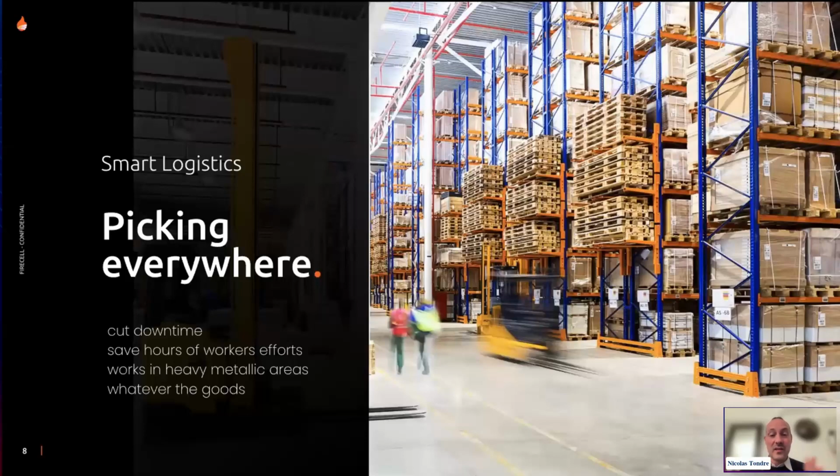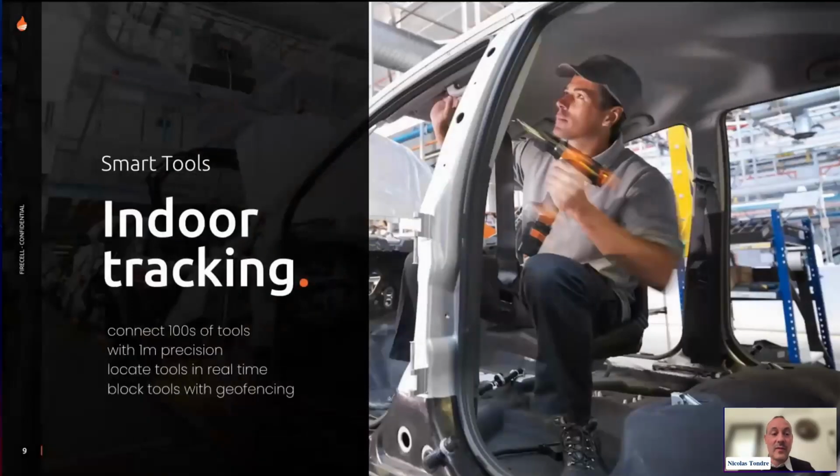So with 5G, you can cut downtime because you have a very reliable network. You can save hours of workers' efforts because you automate everything. It works in areas where Wi-Fi doesn't work, like heavy metallic areas, and it works with all kinds of goods. A very promising use case, picking. If you've ever ordered at Amazon, picking is what they do all the time, every day.